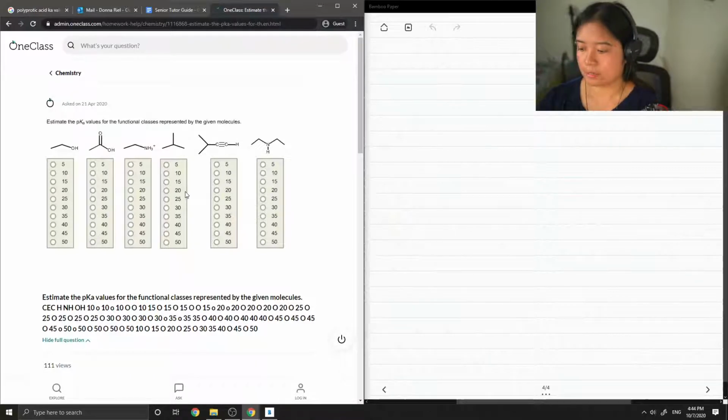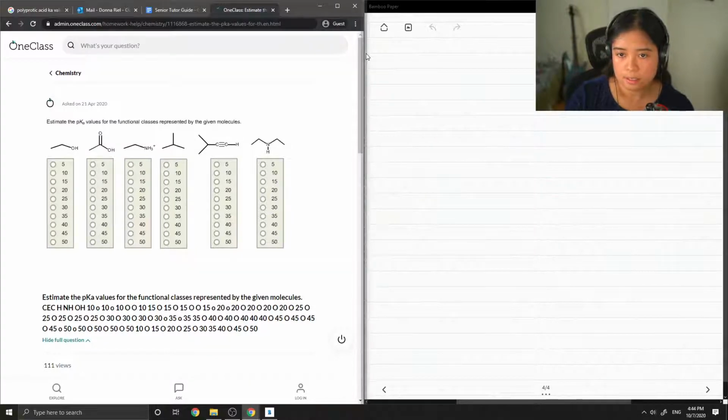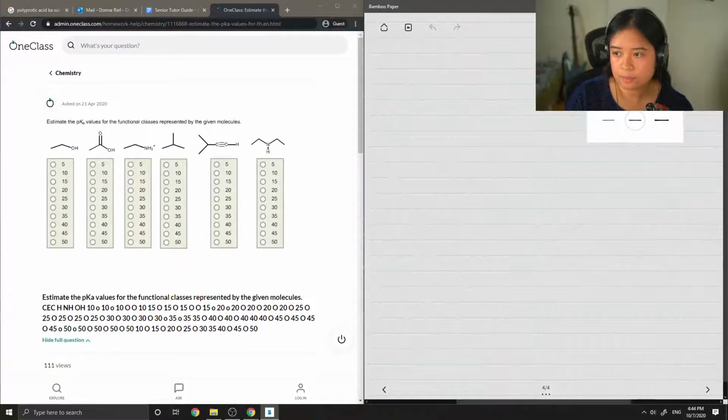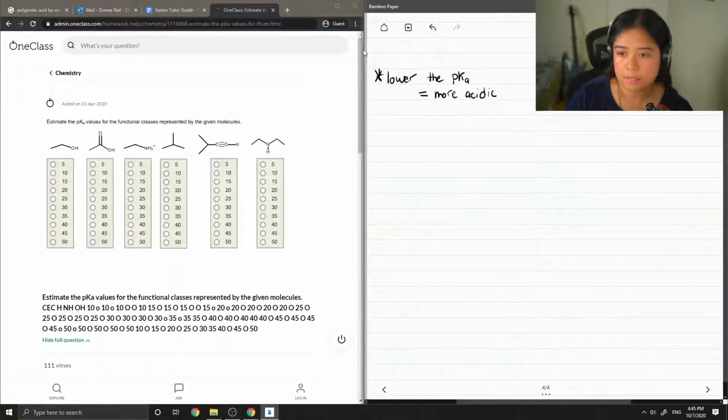Okay, so first I'm just going to write down what pKa is. It measures how acidic your compound may be, and basically the lower the pKa value, the more acidic your compound is.